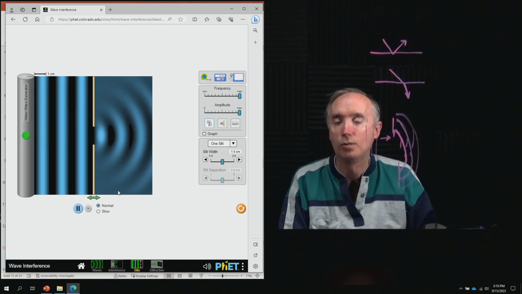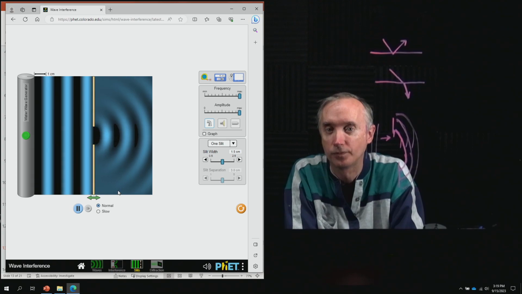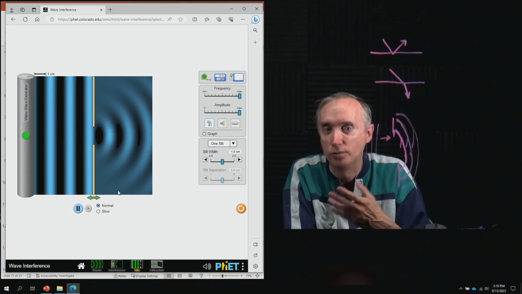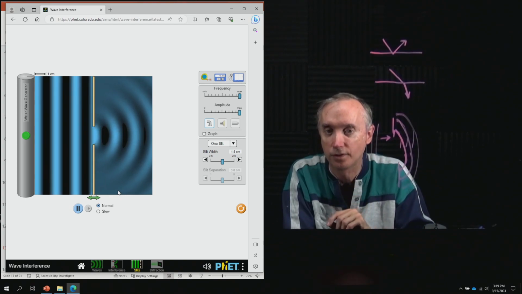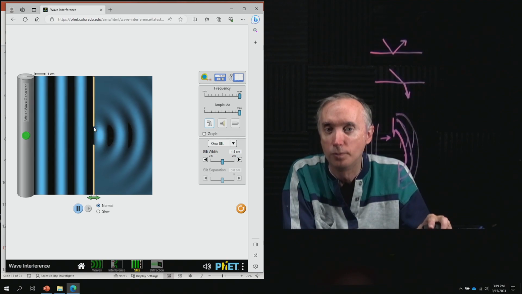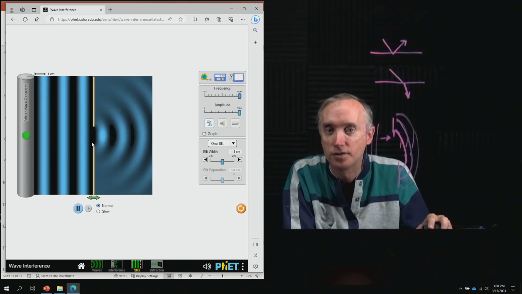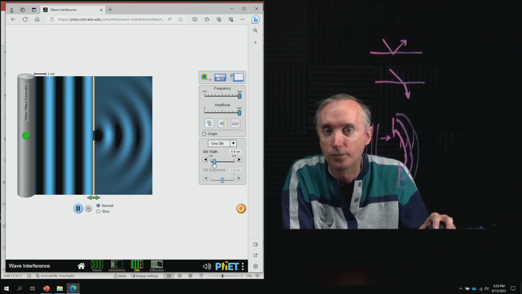So what's another way that we could change the simulation? Well, we could put more slits in there, but we want single slit interference. So what I'm going to do is change the slit opening.